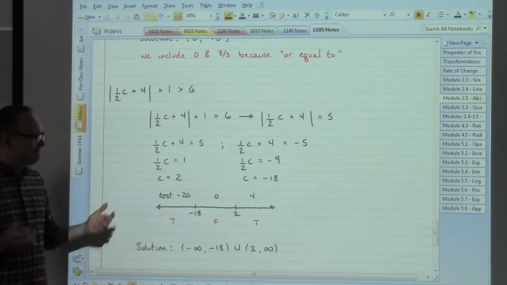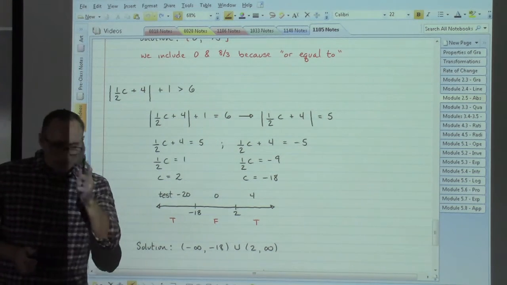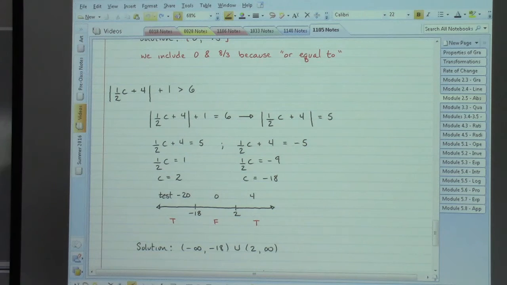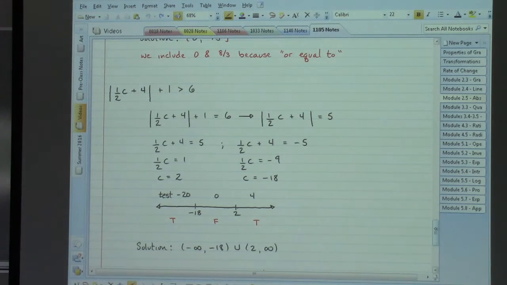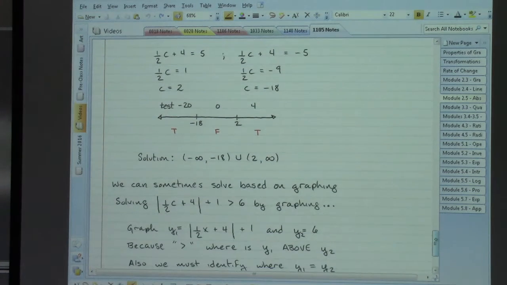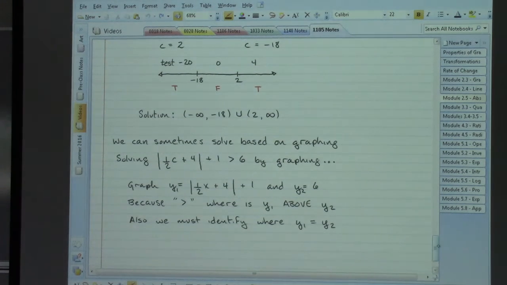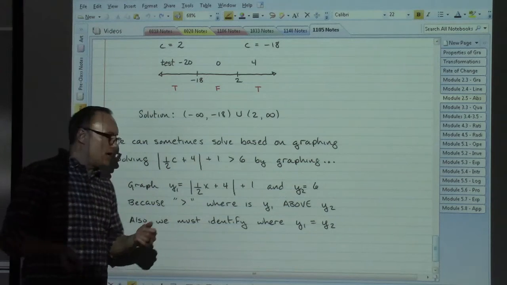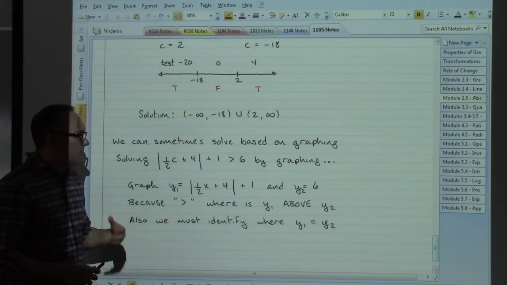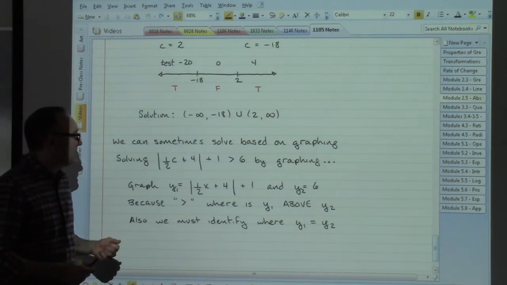Test point method, great. But some people are more visually oriented and might be instead thinking of the graphing skills that we're already developing. So let me just make a final comment here about that. We could use our graphing calculator and our graphing skills to be able to try to piece things together.